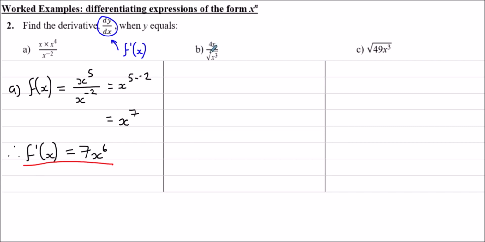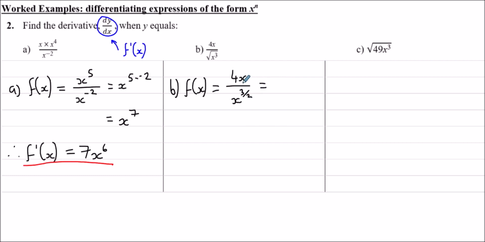So part B, differentiating 4x over the root of x cubed. And so again, let's just neaten up our original function. We've got f of x is 4x over the square root of x cubed. Now the square root is the same as to the power half. So x cubed to the half is x to the power 3 over 2.